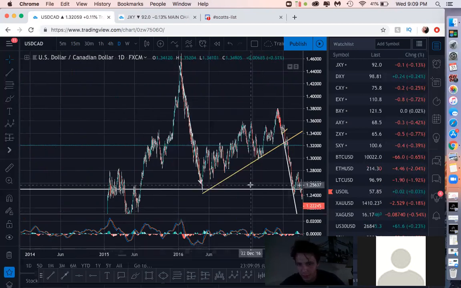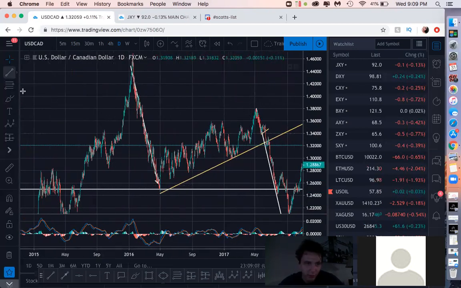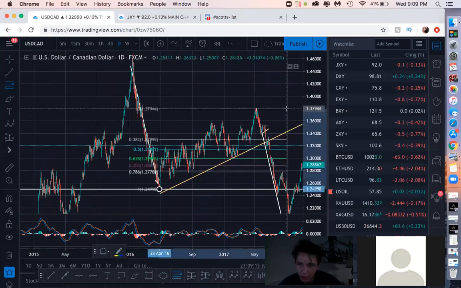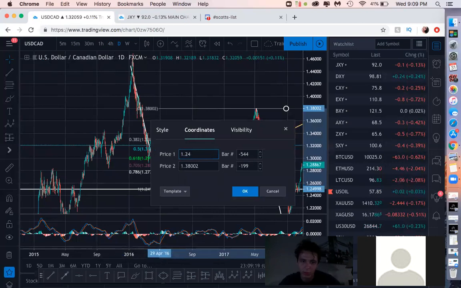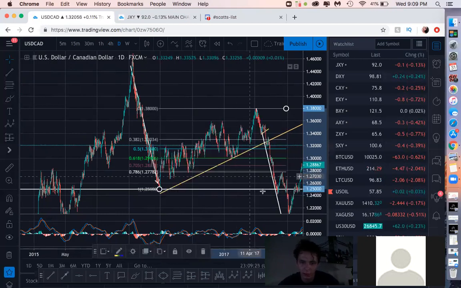125. And if you're doing Fibonacci, which I strongly suggest doing with these flags, let's line it with some strong data points. Let's go 125 to 380.